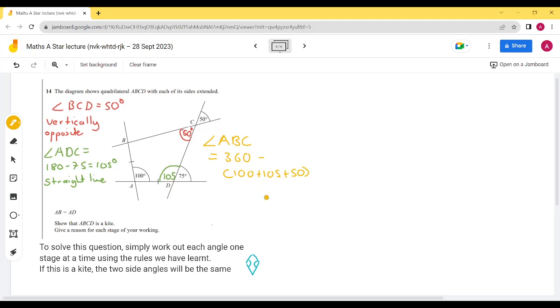We add them all together, we get 255, and so it equals 105 degrees. And that's angles in a quadrilateral.